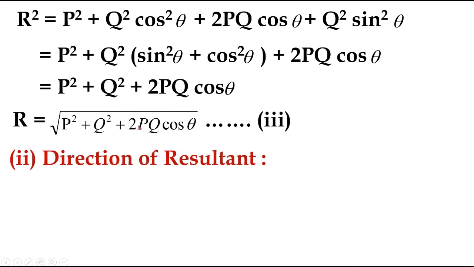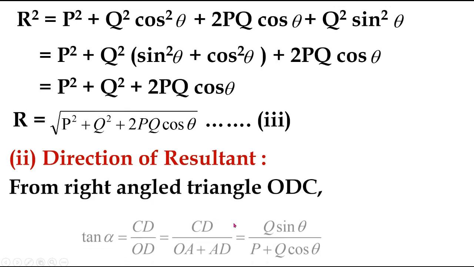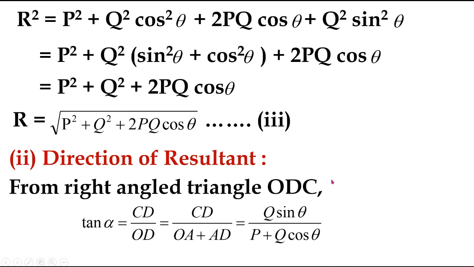So this is the magnitude of the resultant vector of the parallelogram. Now you can find the direction of the resultant. From right angle triangle ODC, tan alpha, where alpha is the angle between R bar and P bar, is equal to CD by OD. OD can be written as OA plus AD. So tan alpha is equal to CD by (OA plus AD).